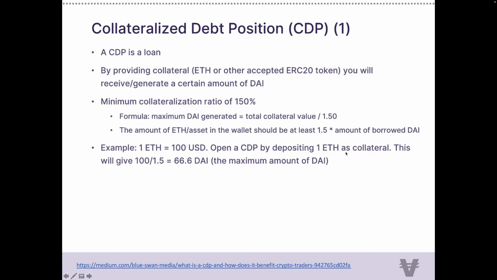We deposit 1 ETH as collateral, which is then $100. This gives 100 divided by 1.5, so we fill in this formula, which gives 66.6666 DAI, which is the maximum amount of DAI you can borrow.